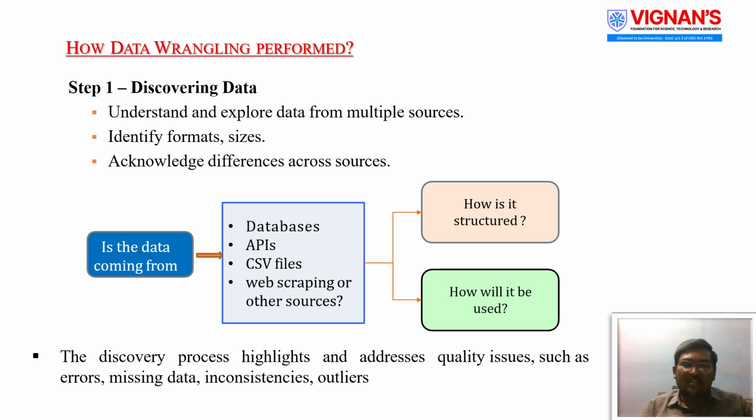There are so many data sources we gathered. From all the sources we gathered, we have to check whether it is structured or not, and how we will use this data. Just verify those two tasks, and then highlight and address the quality issues: errors, missing data, inconsistent data, and outliers. Make sure to ensure reliable data only.